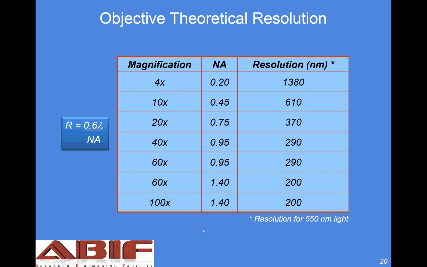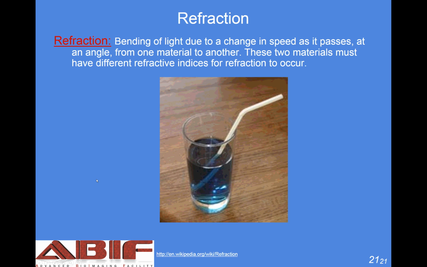So one other term we have to understand in order to understand how the resolution can be improved using different refractive index media is the property of refraction. So refraction is the bending of light because light changes in speed as it goes from one material to another. And refraction occurs if the light is going between those two materials at an angle.